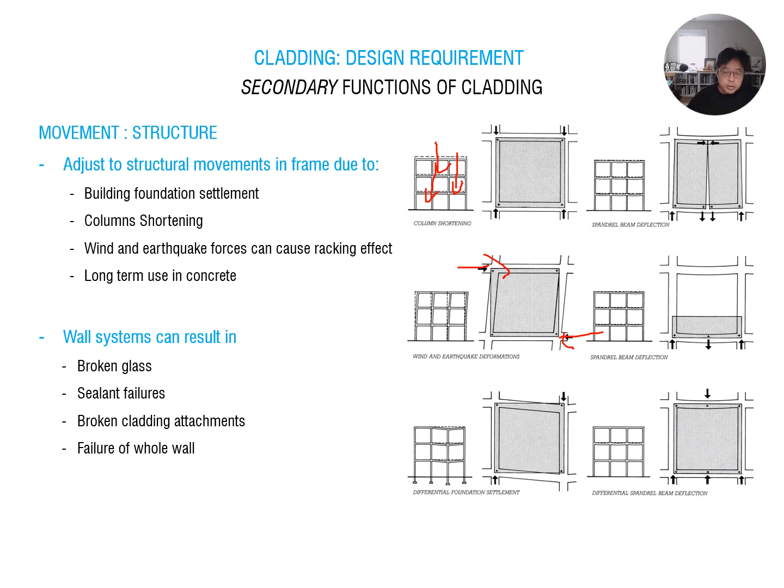This kind of structural movement can result in broken glass, sealant failure, broken cladding attachments, and failure of the whole wall system. So that's why you have to consider structural movement in your cladding design. Okay.